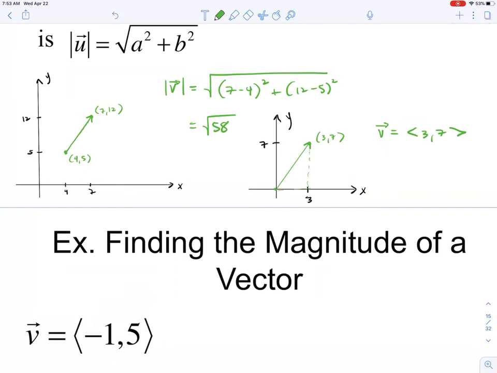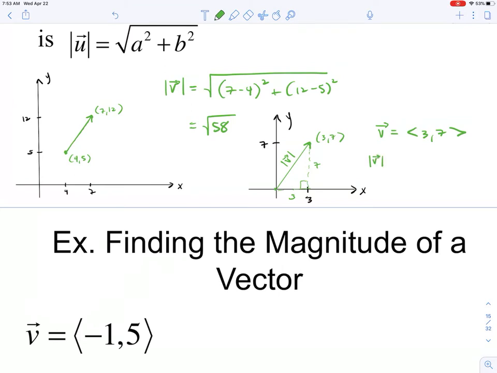You can think about applying the distance formula, or since we're in standard position, this should feel somewhat deja vu. This side would be 3, this side would be 7, and this side would be the magnitude of the vector v.